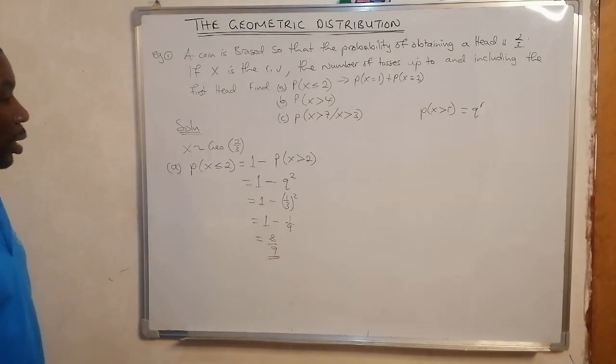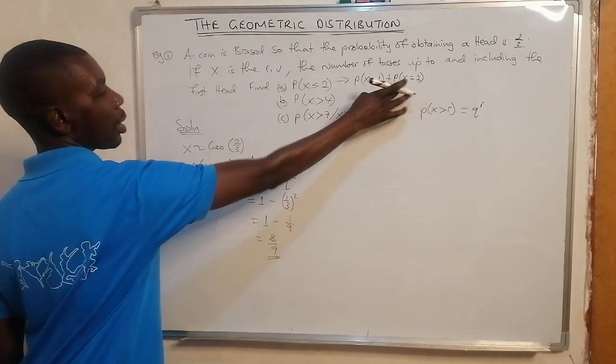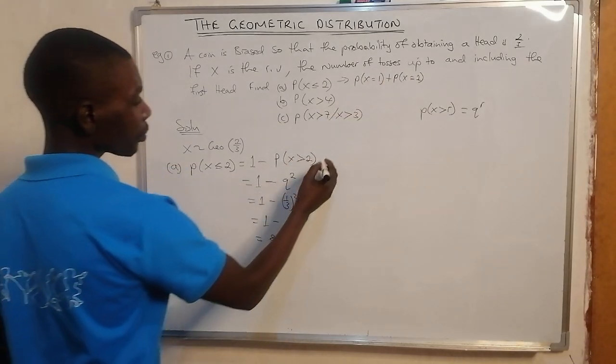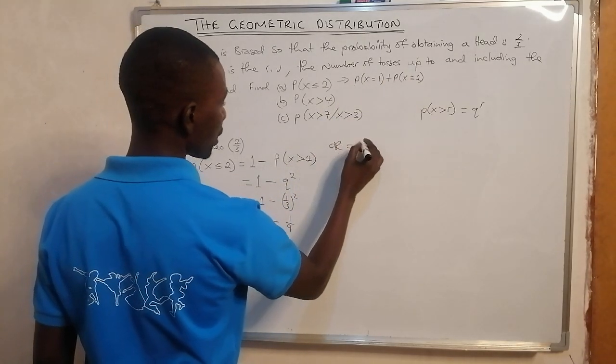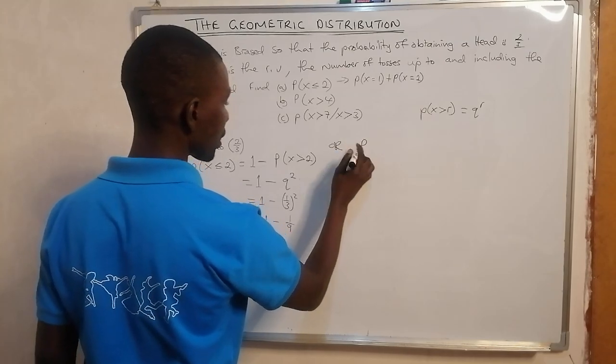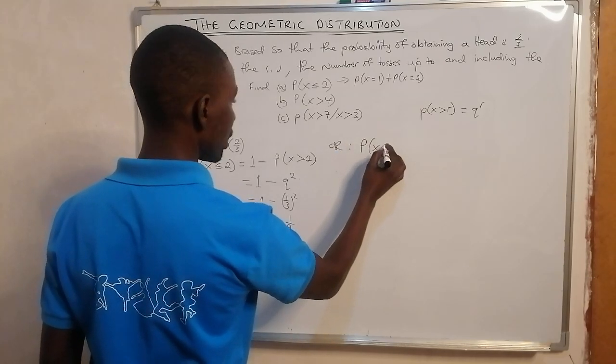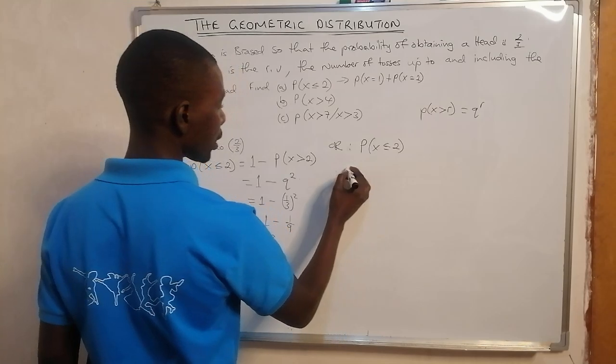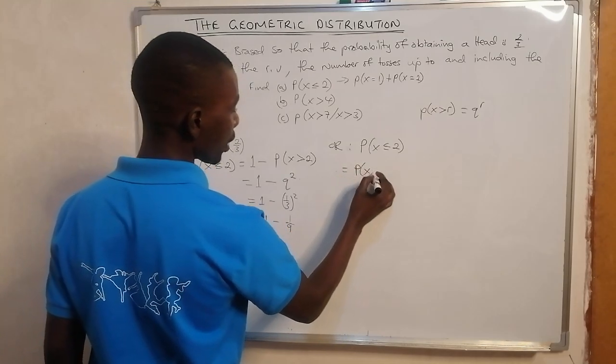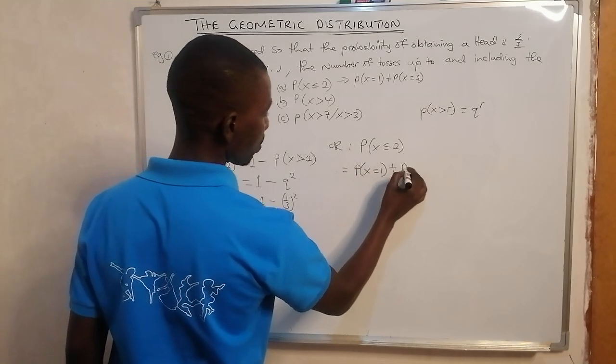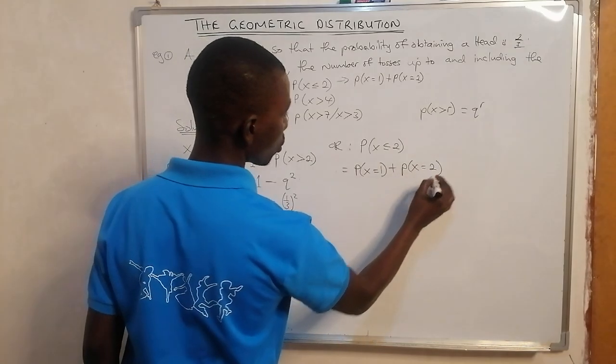But in this case, you can also use this method, or we can say P of x is less than or equal to 2 is the same as P of x equals 1 plus P of x equals 2.